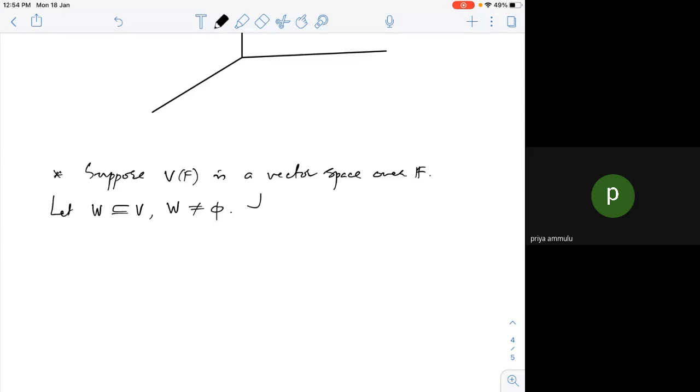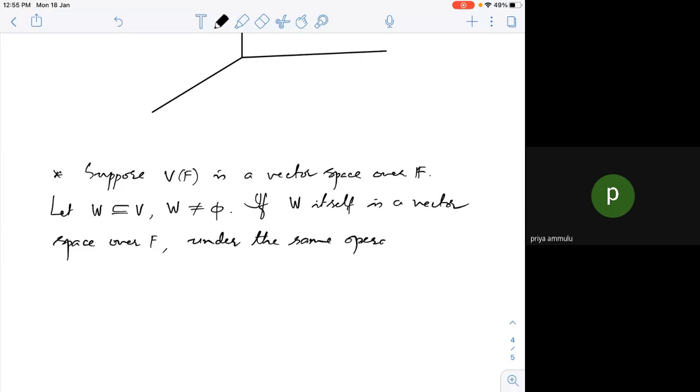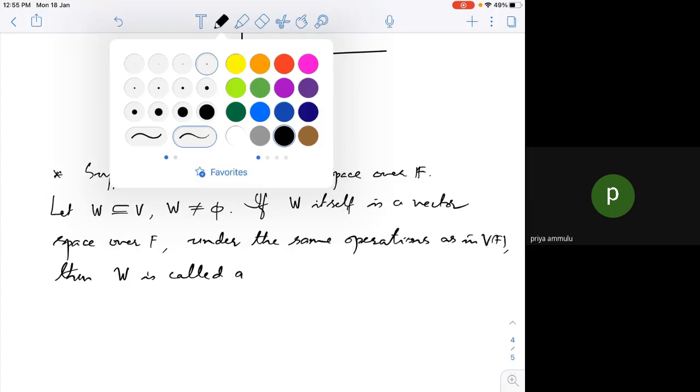If W itself is a vector space over this F, under the same operations as in V, then this W is called a subspace of V.